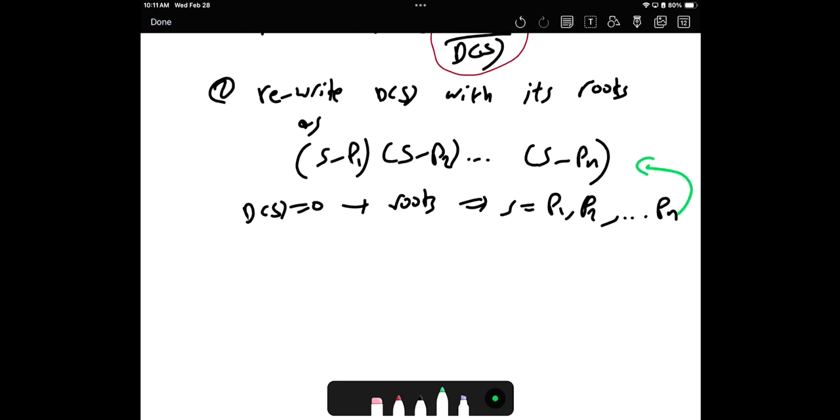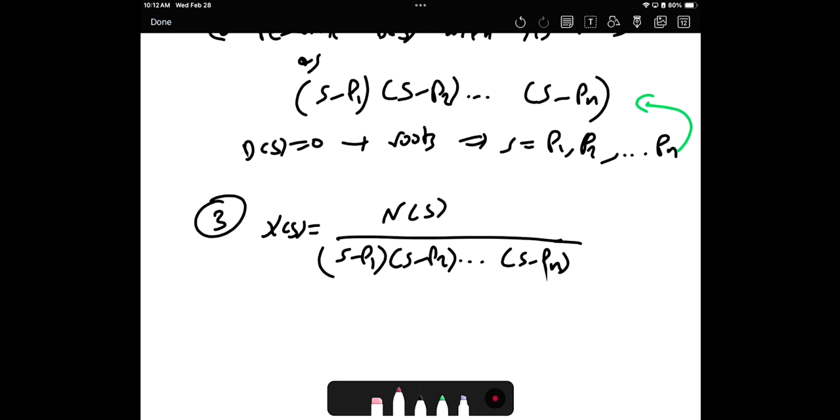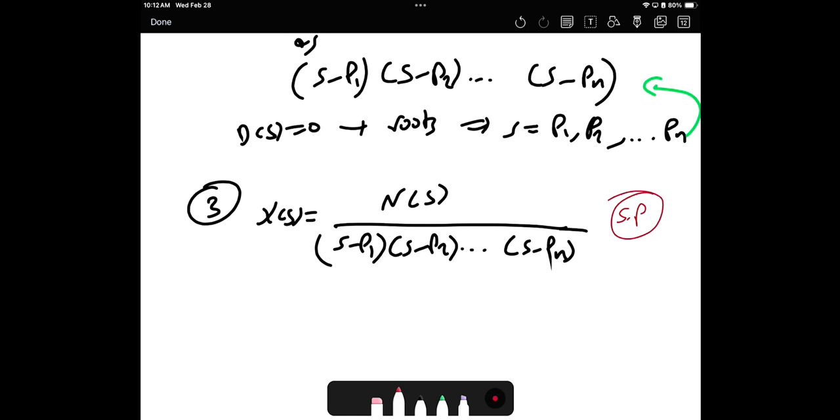So, step number 3, X of s will be like this: N of s divided by s minus p1 times s minus p2, etc., times s minus pn. That's what we did. And here we need to make sure it's strictly proper. Again, if not, do the long division first.